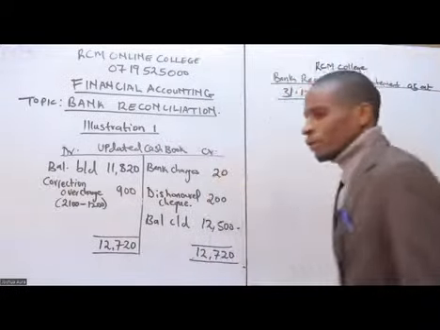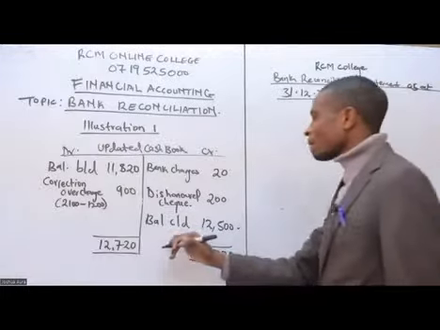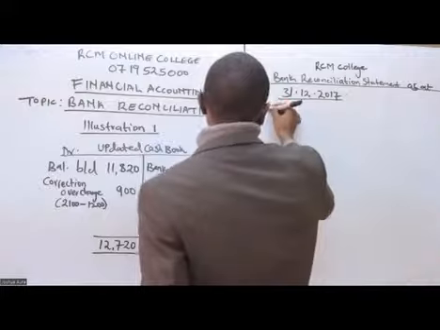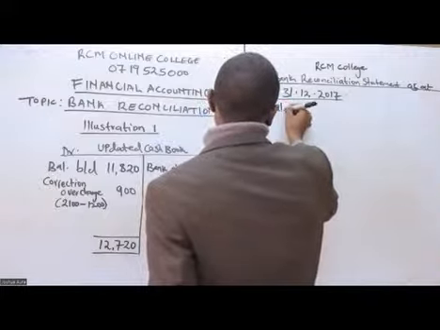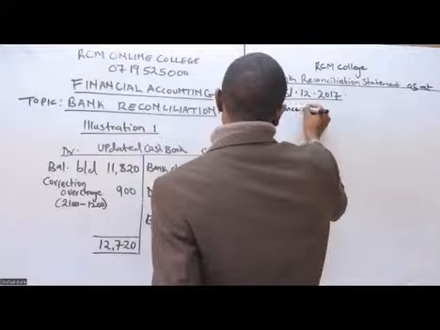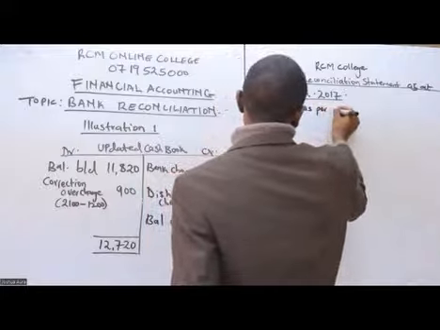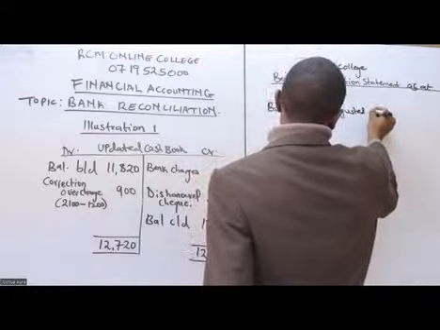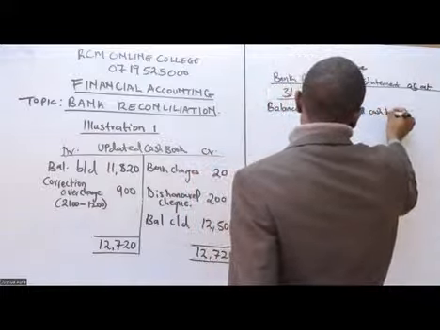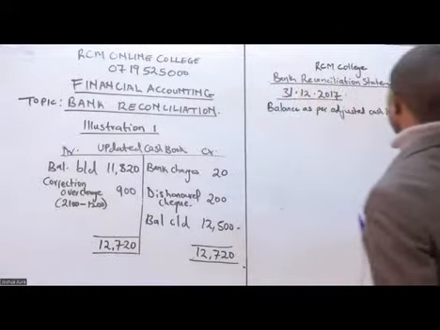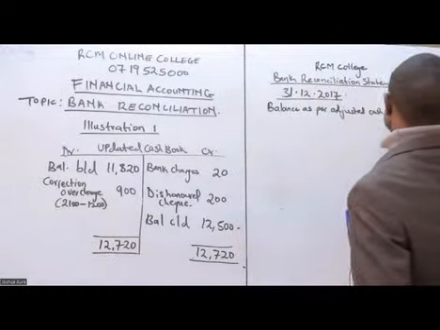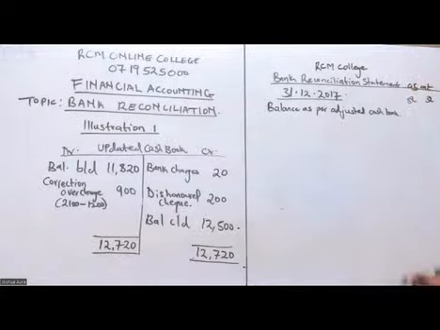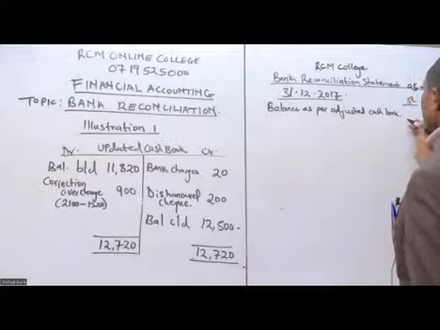So we said that we start with the balance that was carried down in our updated cash book. So balance as per adjusted cash book.